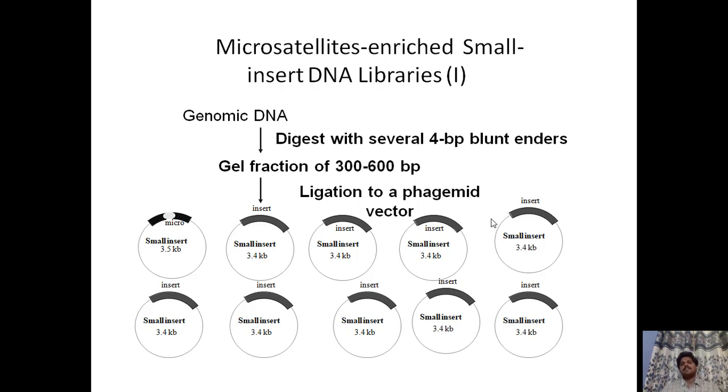The microsatellite enriched small insert libraries are made. How are they made? The genomic DNA is digested with several 4-base pair blunt cutters. And then the gel fraction of 300 to 600 base pairs is ligated to a phagemid vector. So we got a small insert DNA library.